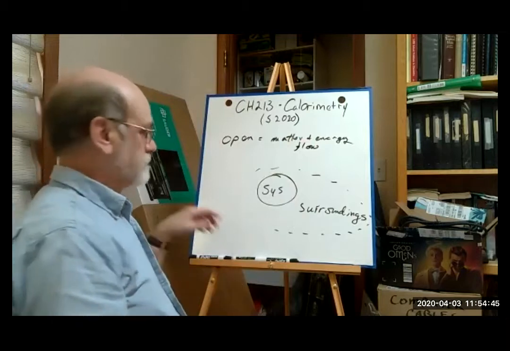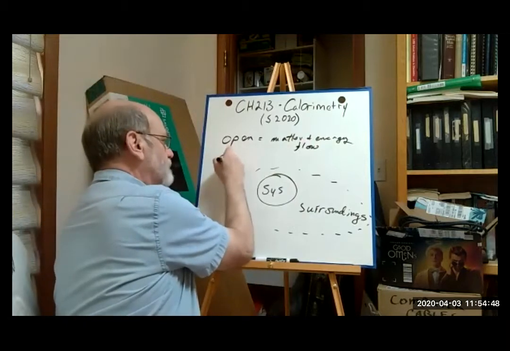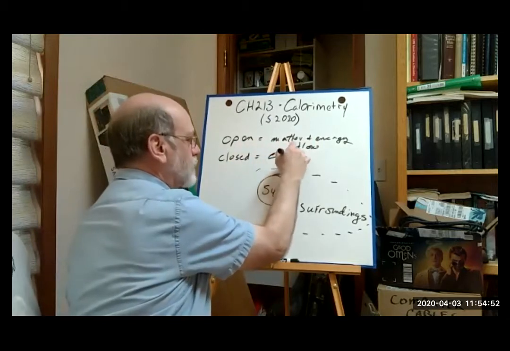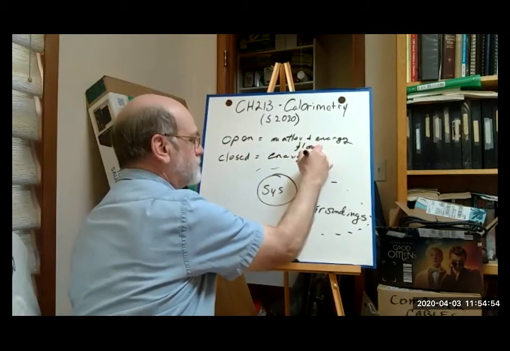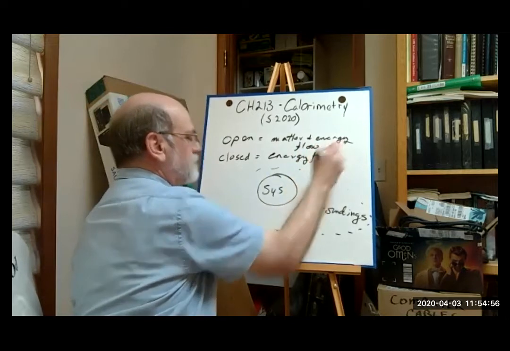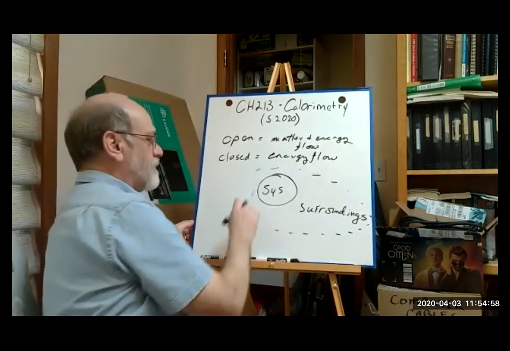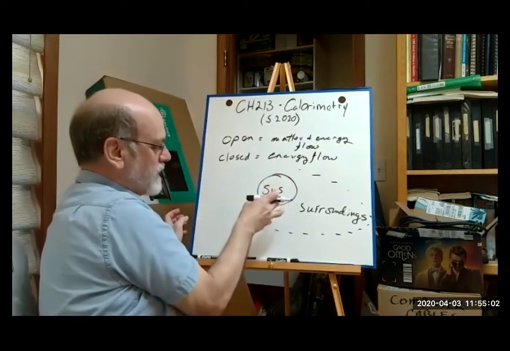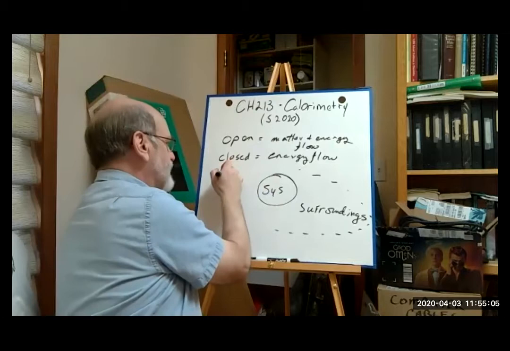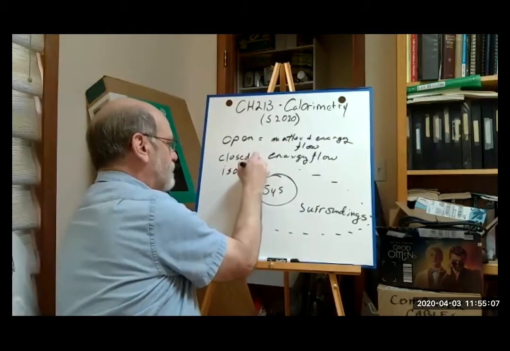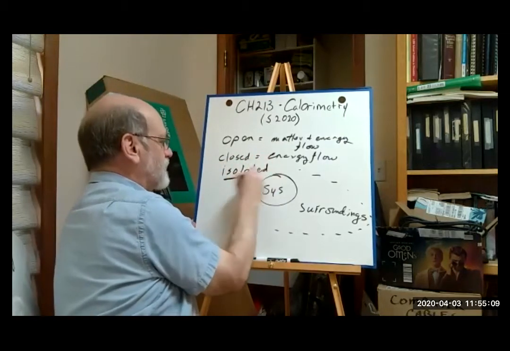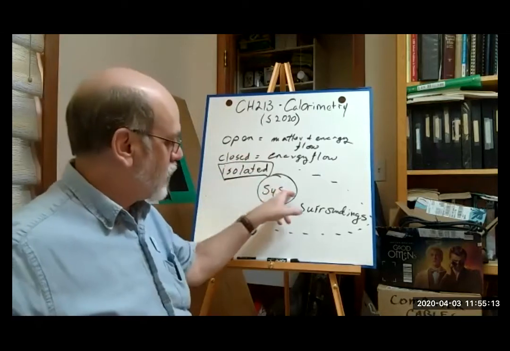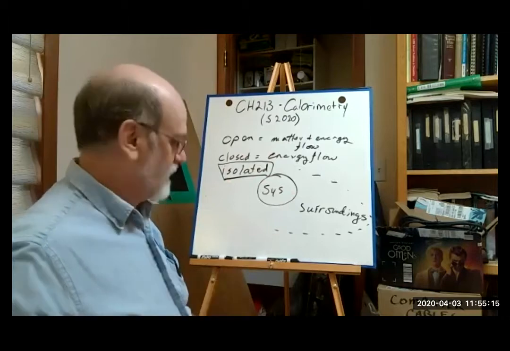It can be closed, in which only energy can flow. Or, in our case, we want a boundary that gives us an isolated system. An isolated system is one in which matter and energy cannot cross the boundary.